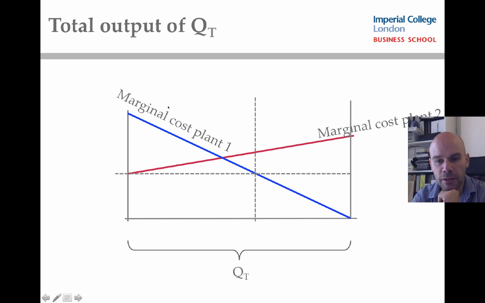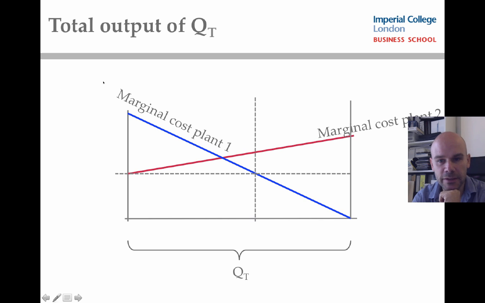So it seems like a good idea to start in plant 1. And then if they expand production, would they carry on in plant 1? Yes, they would, because the cost here is lower than even producing very little in plant 2. But there comes the point where the cost of producing 1 more unit in plant 1 is exactly the same height, and that's indicated here by this dotted line.